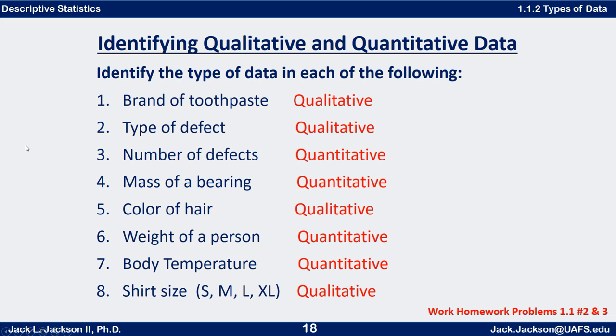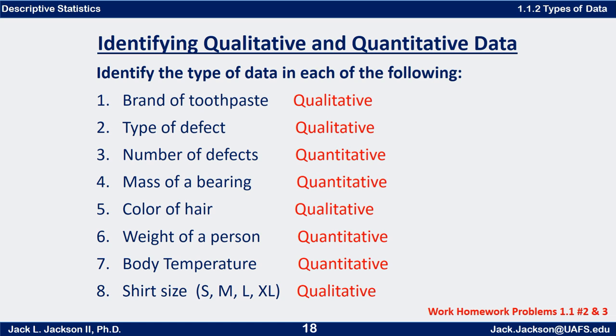The brand of toothpaste, that's qualitative. There's no real numbers involved with that. A type of defect, like a scratch or a dent, is qualitative data. But the number of defects is something that we can count: one defect, 2, 3, 4. That's quantitative data.